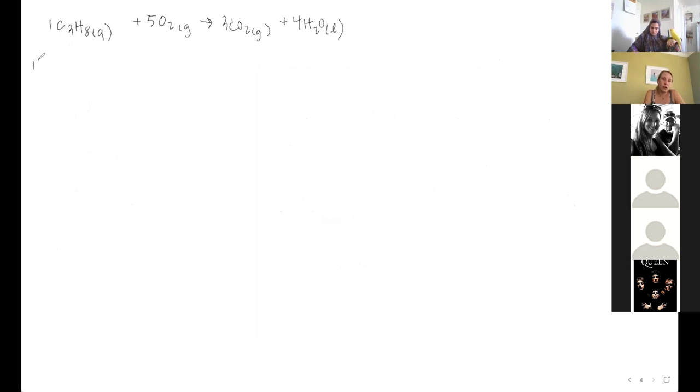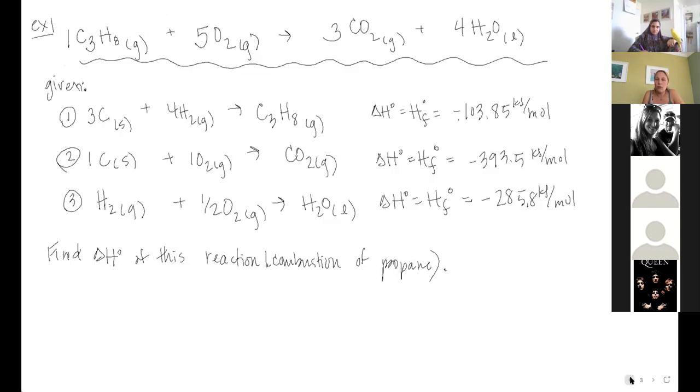So first I'm going to start with this 1 mole of propane. The way that you can get that is by looking at your enthalpy of formation of propane. If we look at this equation here, we have 1 mole of propane, but it's on the product side instead of the reactants. So we would need to reverse this equation. This one needs to be reversed, but we don't need to do any multiplication.